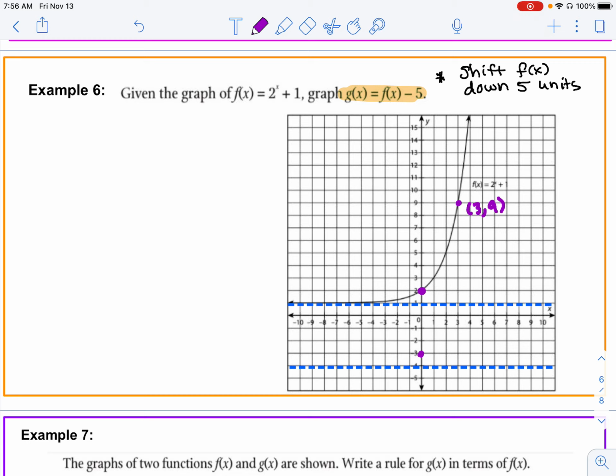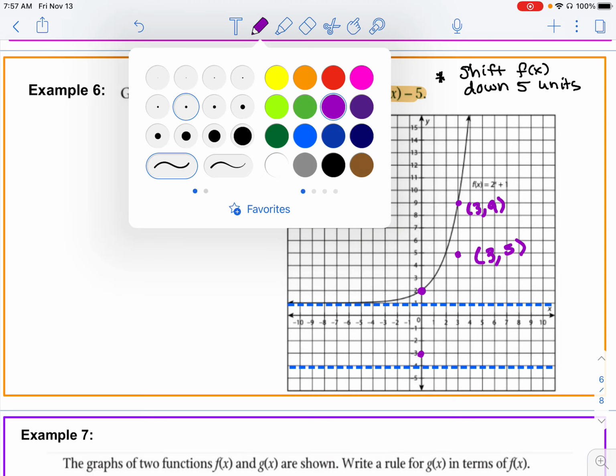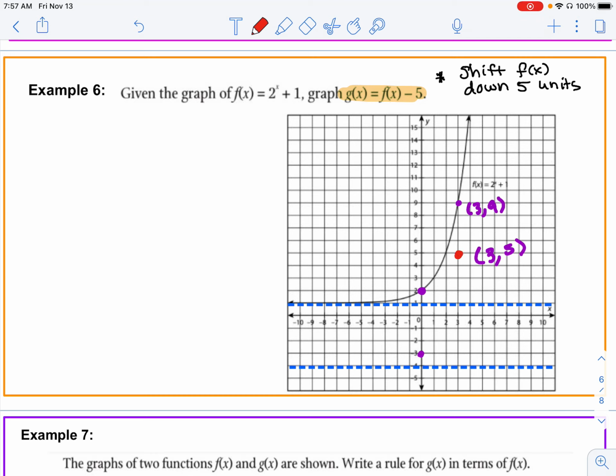So we're going to shift it down to 3, 4. Okay, so that should be enough to figure out the curve of my graph. Let me make the new points red.